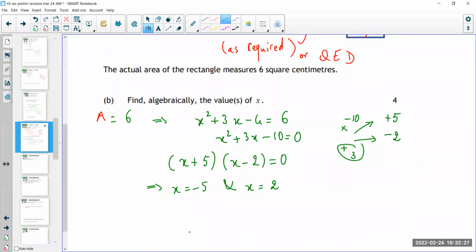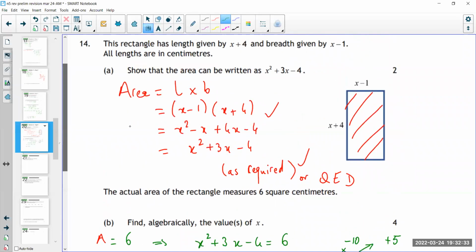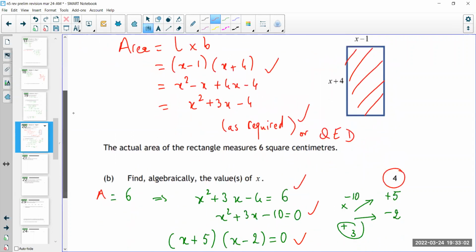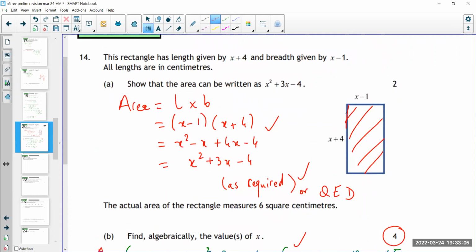It's got to be the positive. x has got to be positive here, because you can't get a length that is negative. So the only one that is positive is x equal 2. You just write x equal 2 is the plausible answer, and that would give you your mark here. So a mark for this, a mark for this, a mark to solve it, and a mark to write this. 4 marks. And here 2 marks. Another 6 marks where you are asked to remember how to calculate the area of a rectangle.